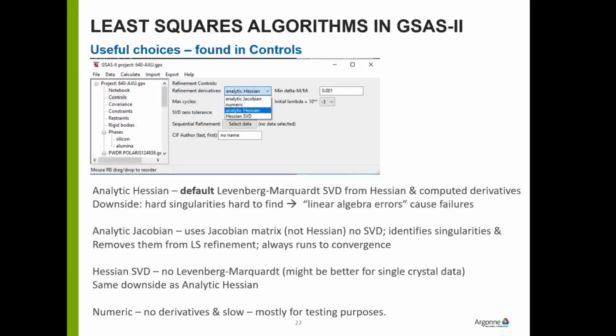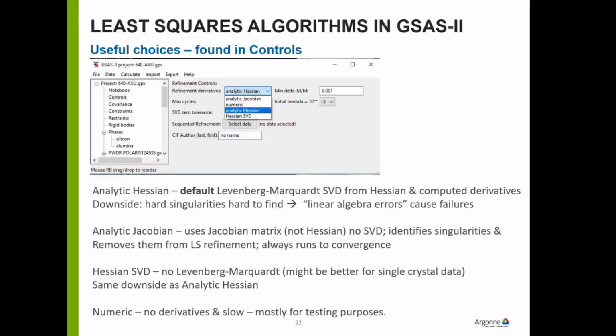In GSAS-II, there's 4 possible choices for the algorithm. The analytic Hessian, which is what I just described. Analytic Jacobian, which is one that's built into Python itself. So we just use that one. Hessian SVD, which sort of skips the Levenberg-Marquardt part, just the straight least squares.